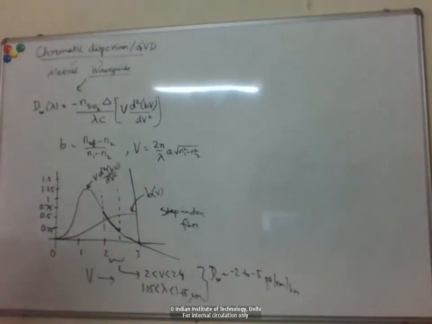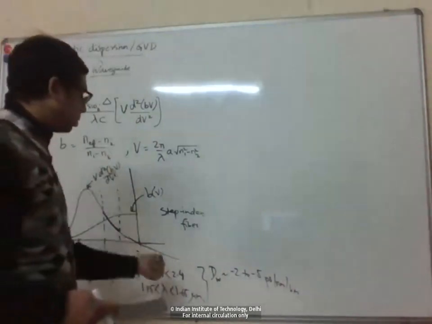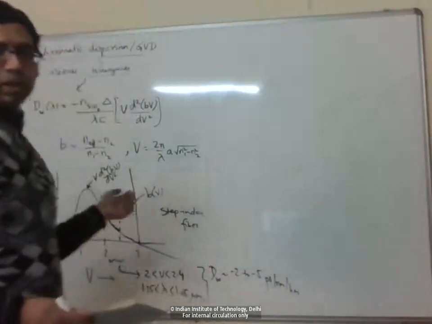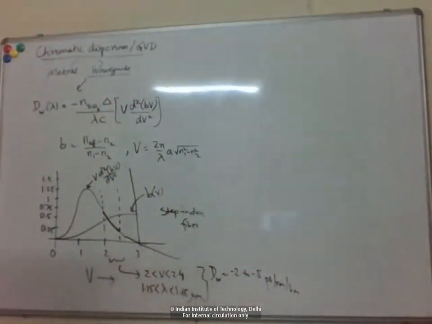So it can be used to compensate the material dispersion. When you add the two, you can tailor the overall dispersion based on the type of fiber you design, because that decides the waveguide dispersion. The material dispersion is fixed, from the property of silica.